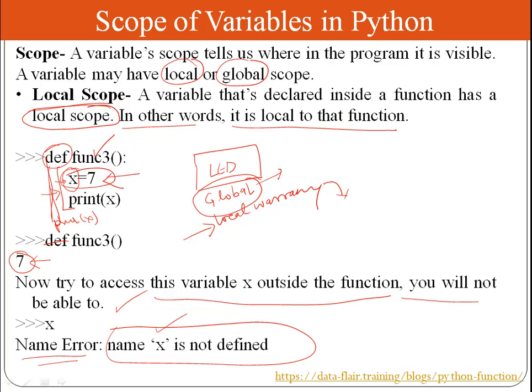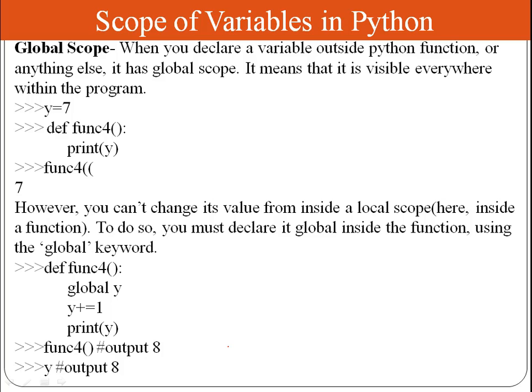Let's look at the global scope. When you declare a variable outside the Python function, here this is the body of the function definition, and here you are declaring the variable outside the definition of this function. So this is global. Now you call it, and it is able to access the value of y, that is 7, and displays it.